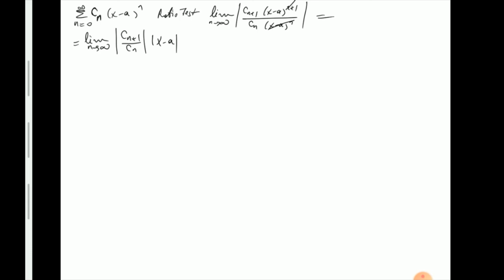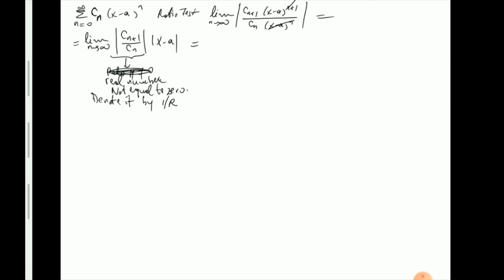And assuming that the limit of Cn plus 1 over Cn exists, that this piece converges to a real number not equal to 0, you can denote it by 1 over r, because it's going to be basically 1 over the radius of convergence.